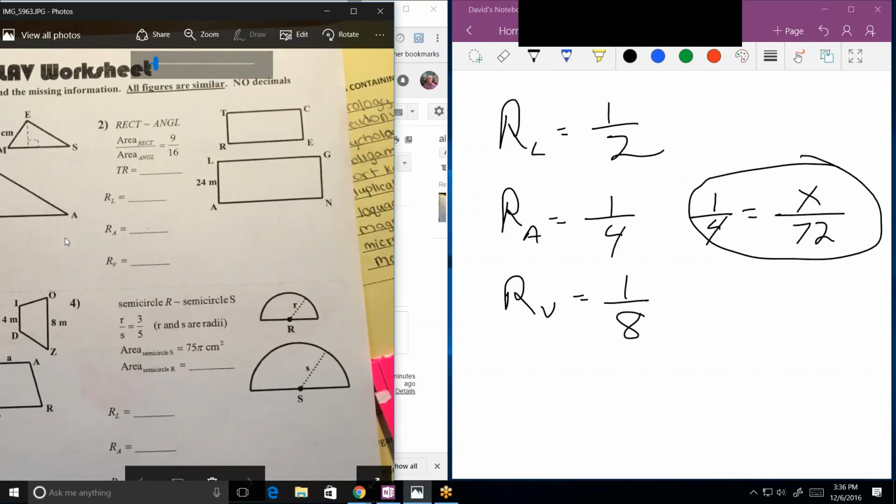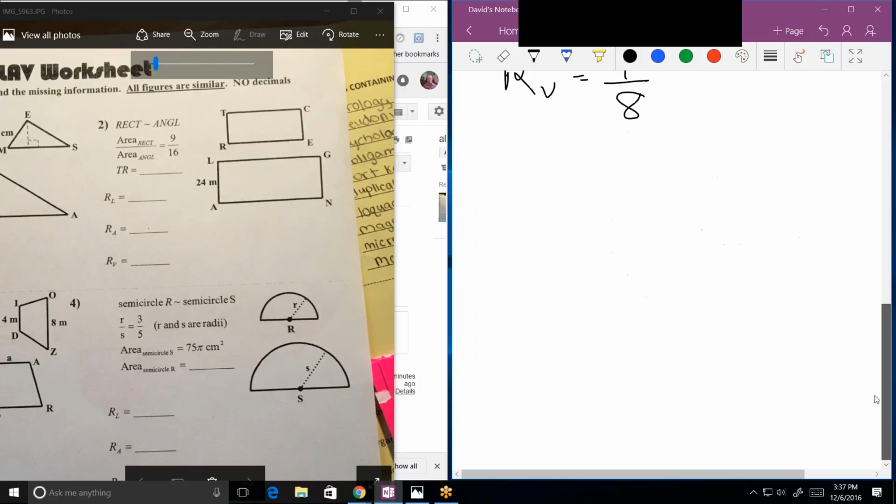Okay? And I'll explain to you why big to little is so much better than little to big when we get to a problem where it's appropriate. Okay, here again they give us the area ratio. So what's the linear ratio? 3 to 4. Correct.